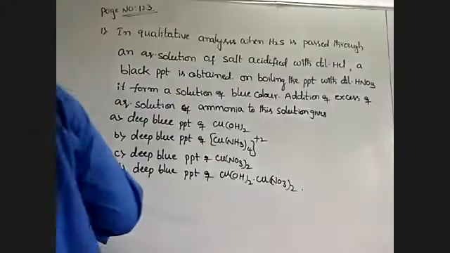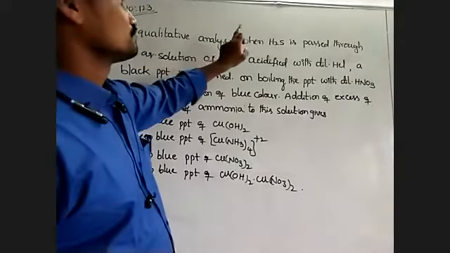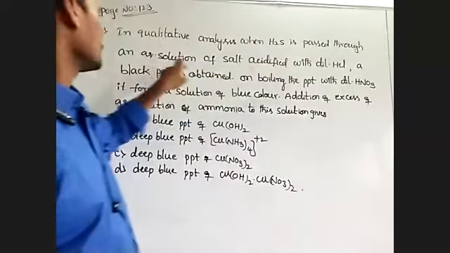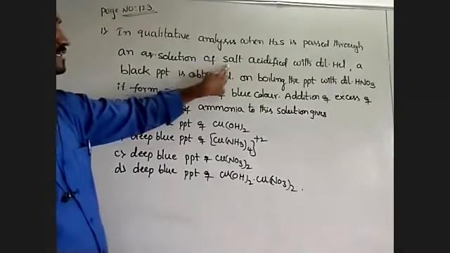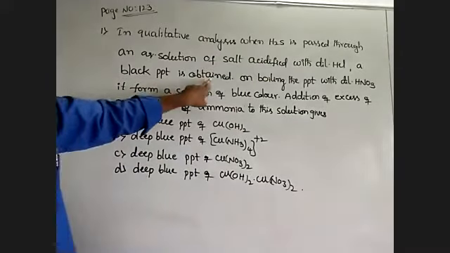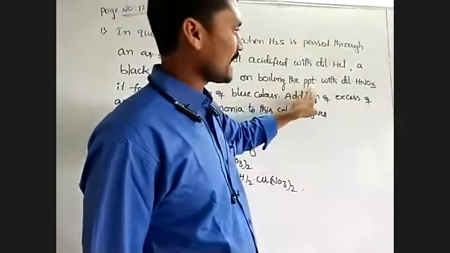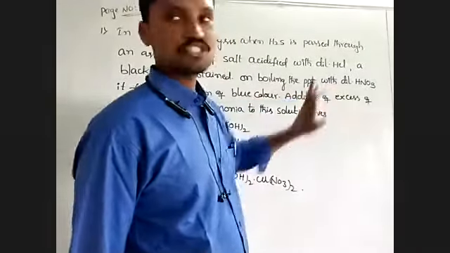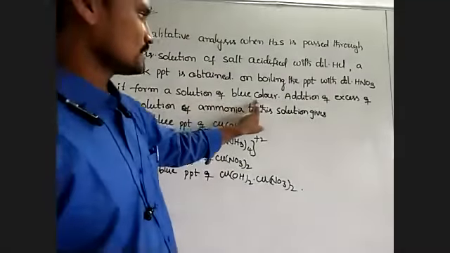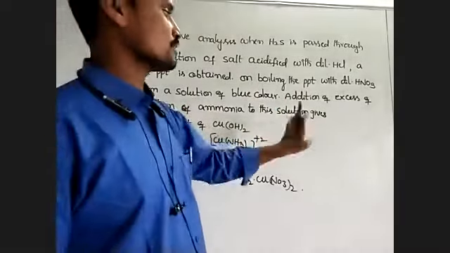So coming to the question here. In qualitative analysis, when hydrogen sulfide is passed through an aqueous solution of salt acidified with dilute HCl, a black precipitate is obtained. On boiling the black precipitate with dilute HNO3, it forms a solution of blue color. Addition of excess of aqueous solution of ammonia to the solution gives.